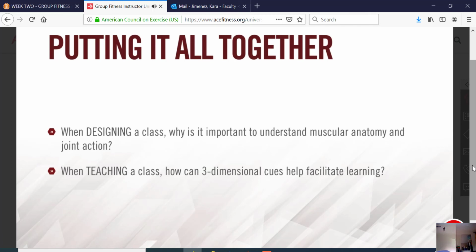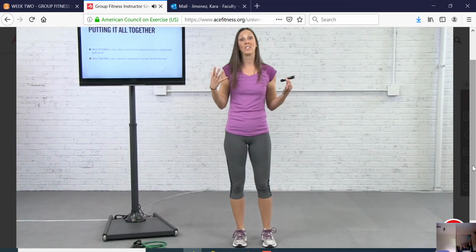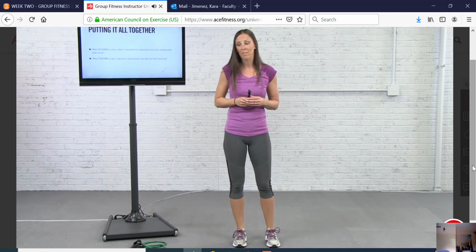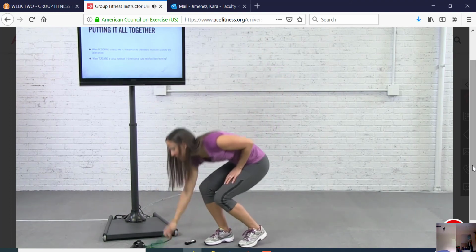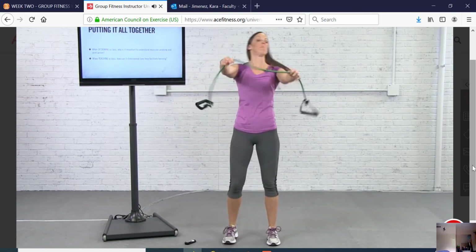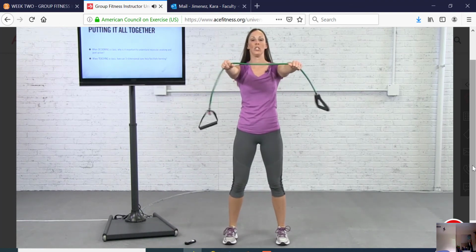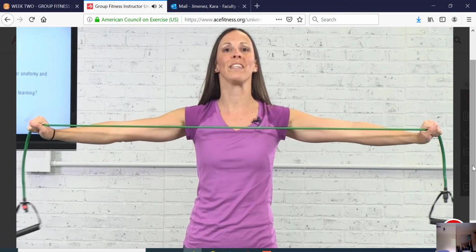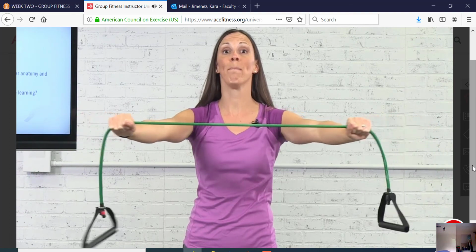Also, when you're teaching, your cues can really help every type of learner, the visual, the verbal, and the kinesthetic learner, to understand and educate themselves on their own human anatomy. If I were to take this band and have my participants do a letter T, holding the band out in front, the muscles that work with the scapula are our rhomboids.